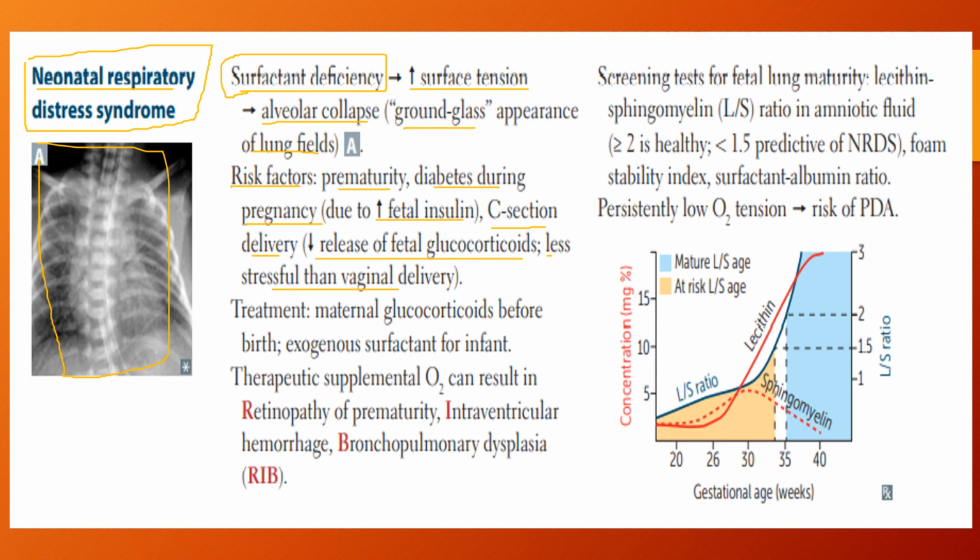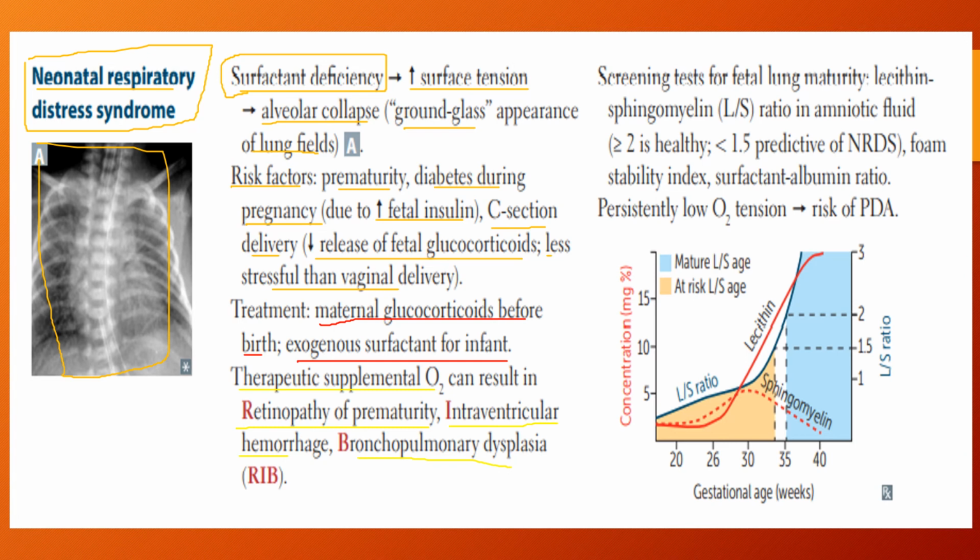Treatment of neonatal respiratory distress syndrome includes maternal glucocorticoids given to the mother before birth, or exogenous surfactant for the infant. Therapeutic supplemental O2 can result in retinopathy of prematurity, intraventricular hemorrhage, and bronchopulmonary dysplasia.